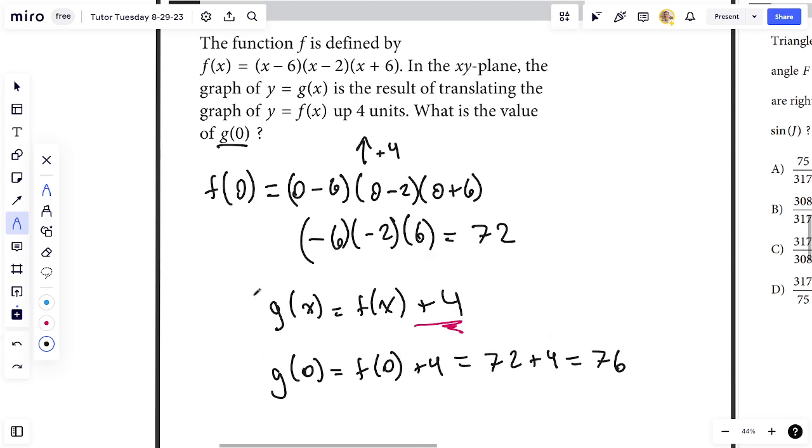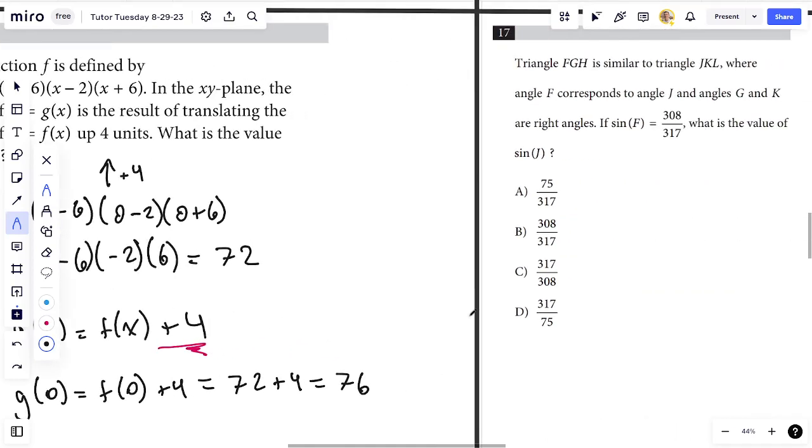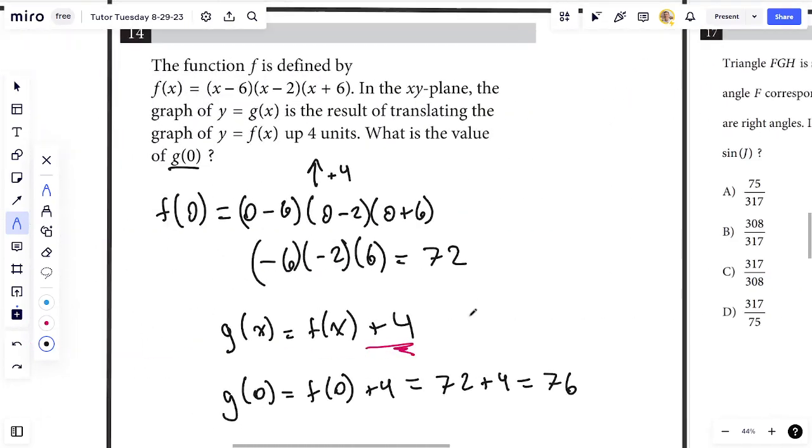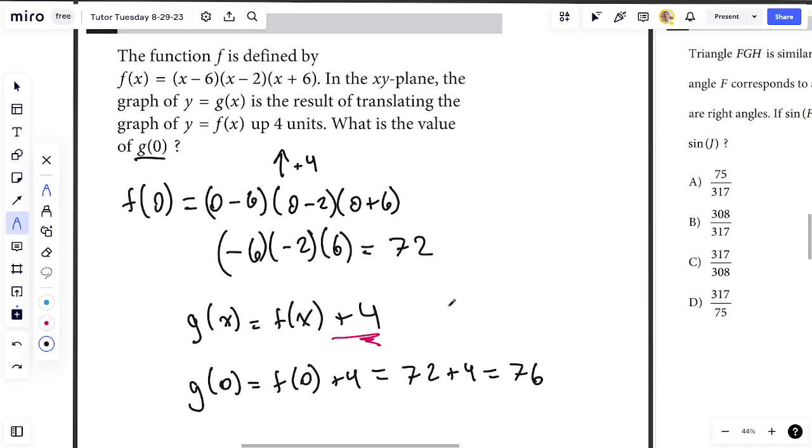Yeah, you could also do it like that. g of x is just equal to f of x, like what I wrote here. You could fully write out f of x in place and just add the plus 4 in the end. Yeah, if you aren't getting this one, this is like an algebra 2 problem. So it just depends on what level of math you're in, but I'm sure you'll get it.